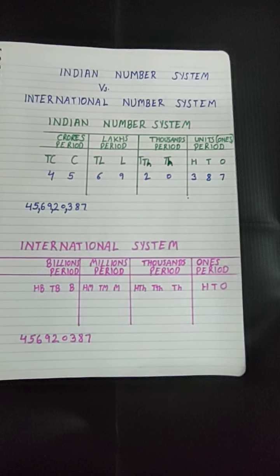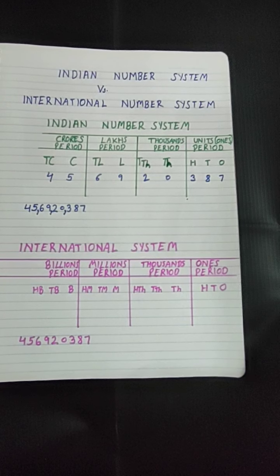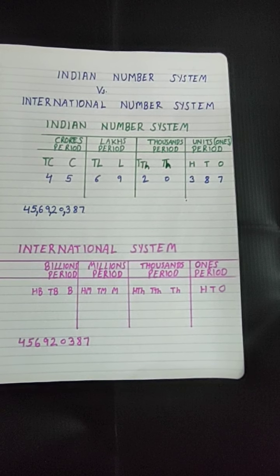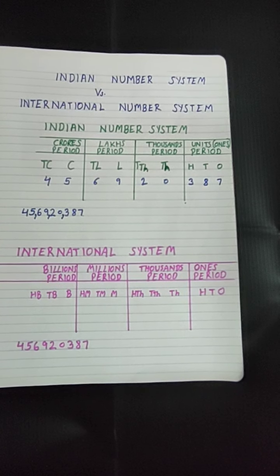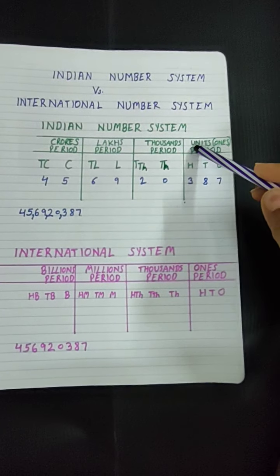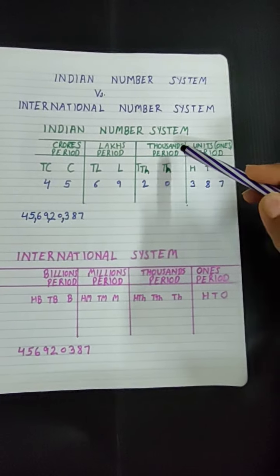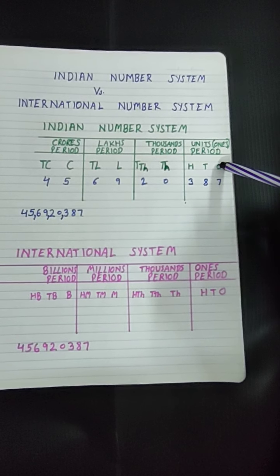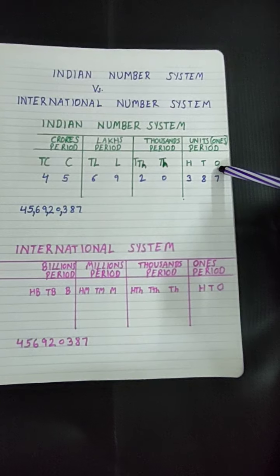Now let us know how numbers are differently written in these two number systems. We will begin with Indian number system. Here you can see the different periods in the Indian number system. The first period is units period, which is also known as ones period, and we have three places in this period: hundreds, tens and ones.